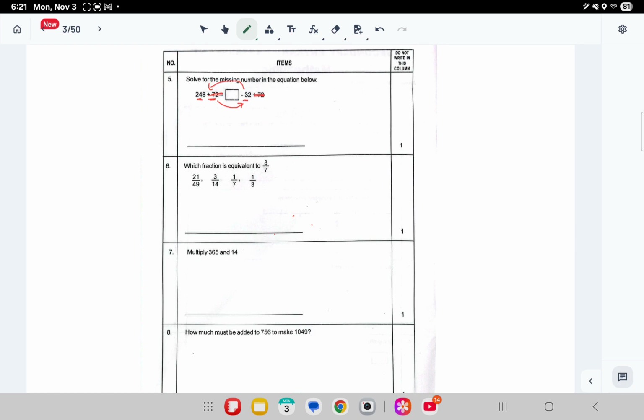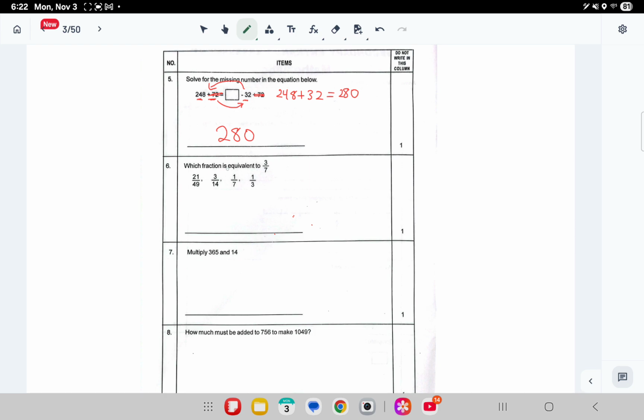If we carry across this minus 32 on this side, this now becomes 248 plus 32, and that will give us 280. So we know that the box is equal to 280.